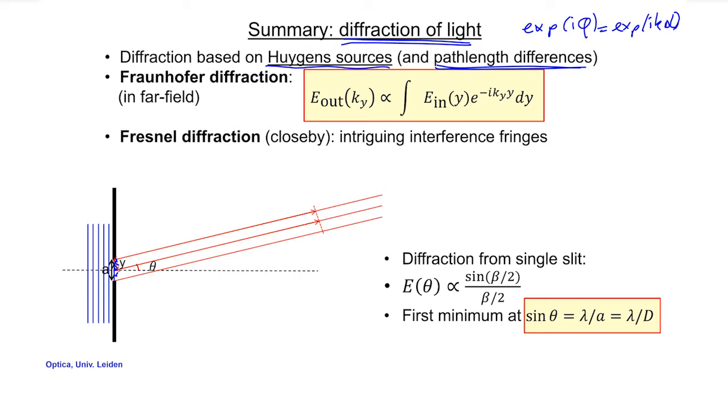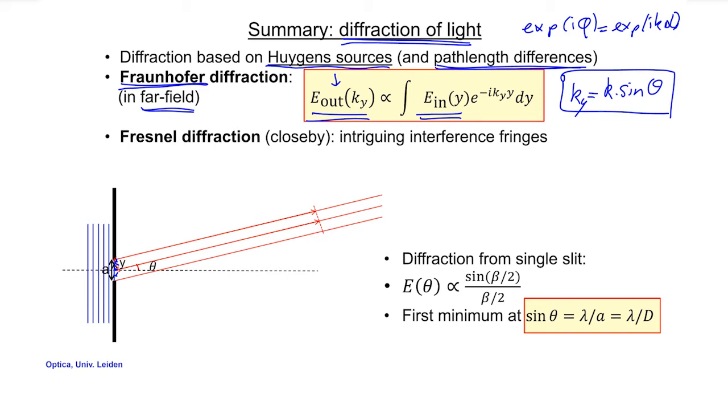We did most of our calculations, basically all our calculations, in the Fraunhofer regime far away. And in the Fraunhofer regime, the field as a function of angle was most conveniently expressed as a function of the y component of the k vector, which is related to the sine of theta in this form. And this is then the field in the slit, and this is the diffracted field.